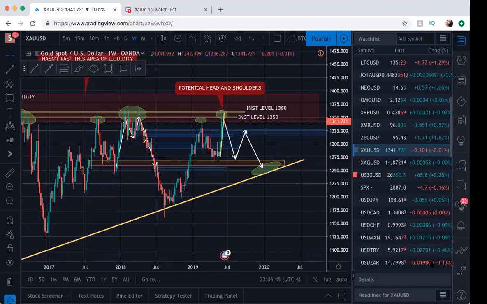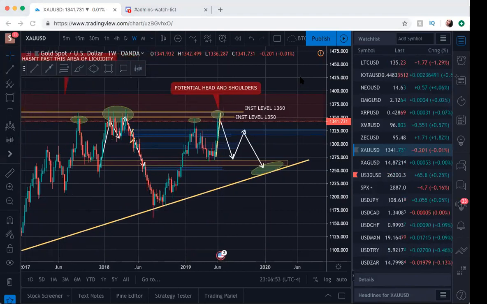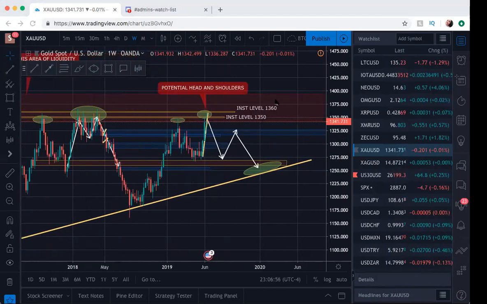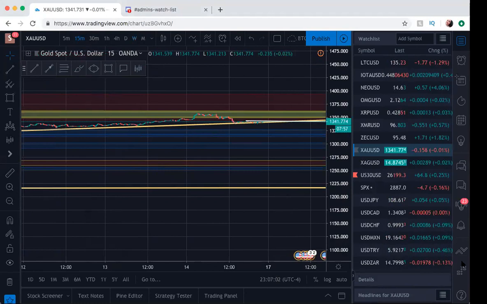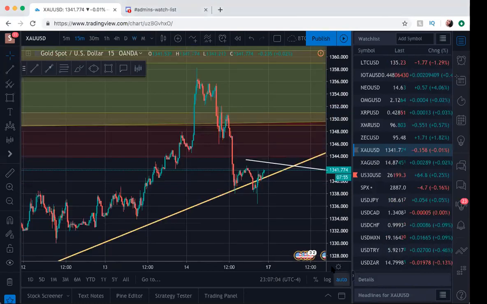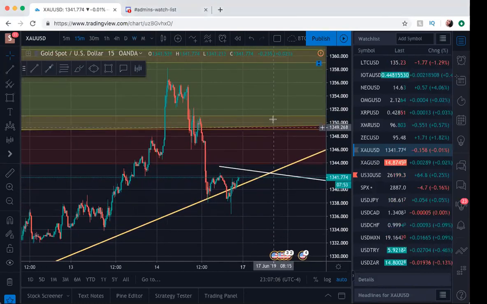And again, they're the 00, 000, 20, 40, 50, 60, 80. Those are the areas. And with that, we've seen the 50, the 60. You can get very micro, and say 13, 50, 80 was respected as an institutional level.